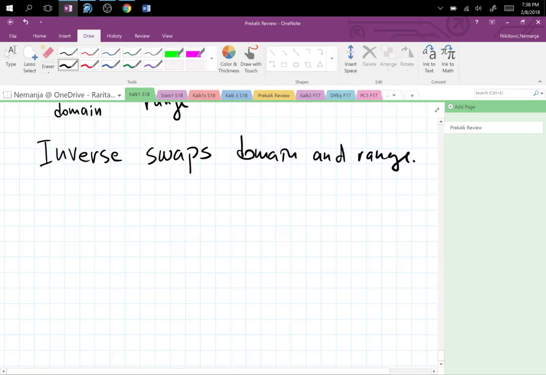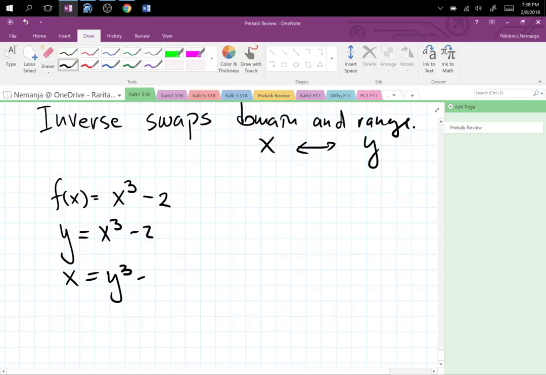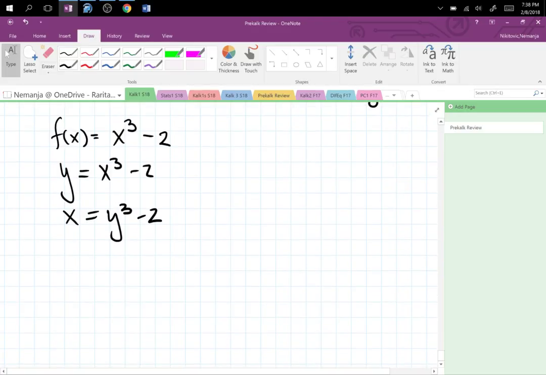In terms of mathematics, x is swapped with y. So to find the inverse for, let's say, f of x equals x cubed minus 2, you will write it as y equals x cubed minus 2, and then you will simply swap x and y, and then you will solve it for y.